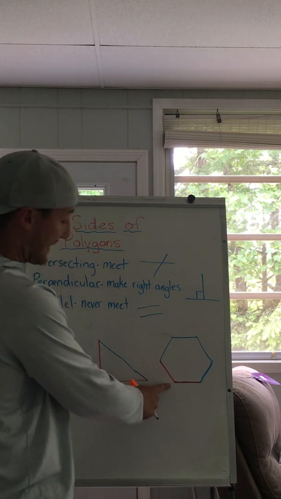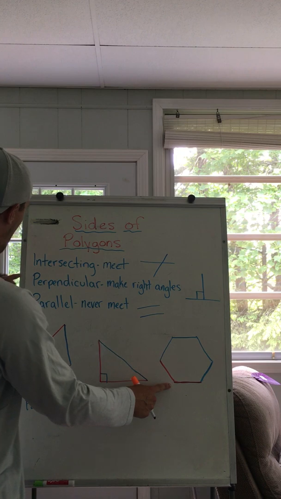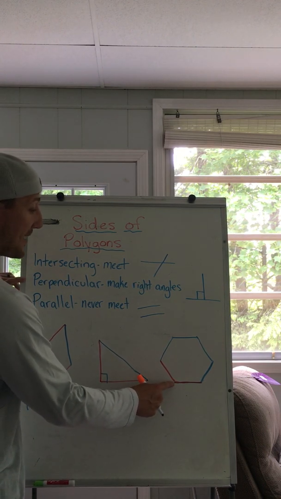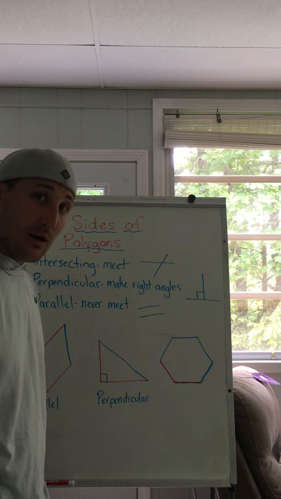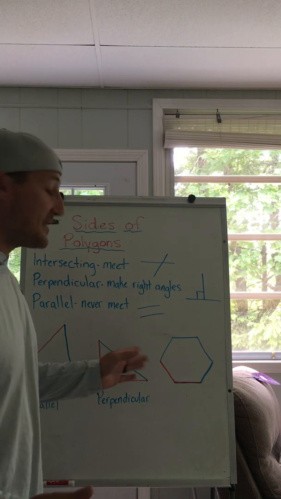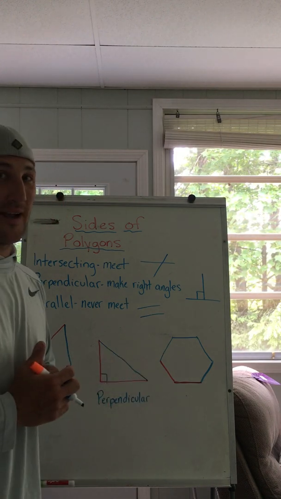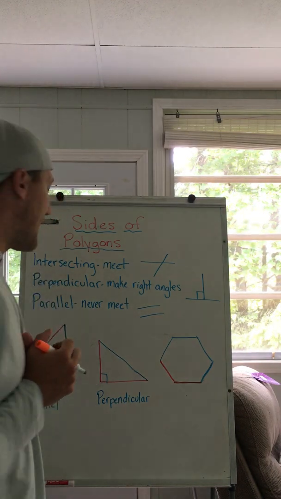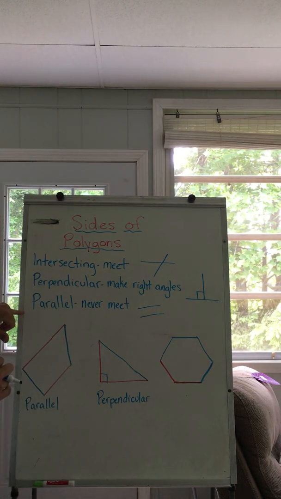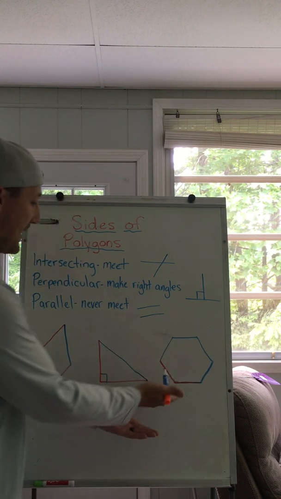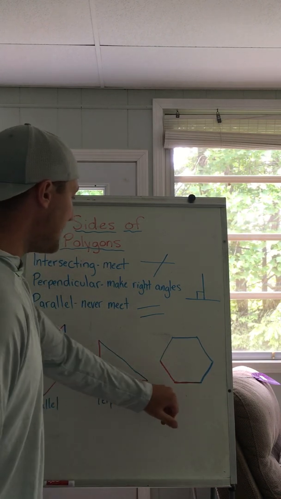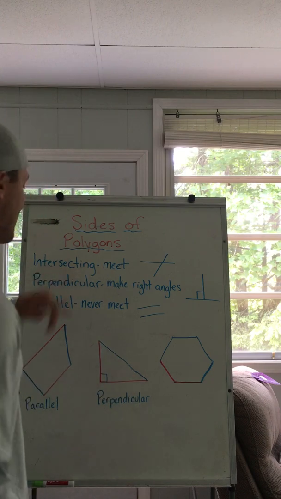Well, they definitely meet. I can see them touching right there. When they meet, do they make a right angle? Huh. Well, I can't quite tell, but I do know that I don't see a little square or a little box drawn in there, so I don't think they're making a right angle. And if they went on and on forever, would they never meet? No, that can't happen. They're already touching. All right, so then these two sides must be intersecting.